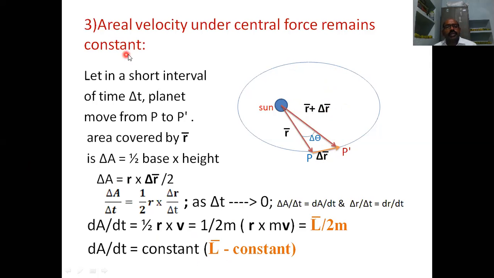This is about aerial velocity, and under central force it remains constant. Here we have used the property of central force: L is constant. Since L is constant, the aerial velocity is also constant, so this dA by dt is also called aerial velocity.